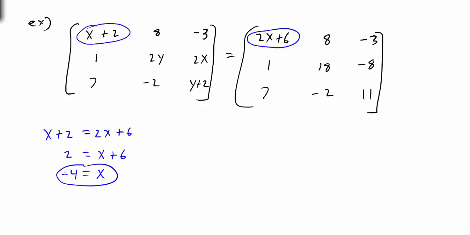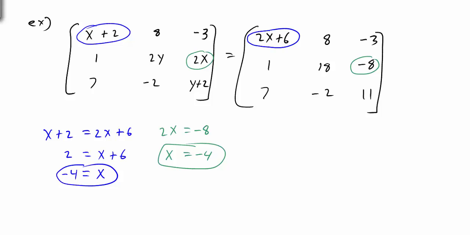Okay, and then we can also look at this as well. Notice here we have a 2x, then that means that has to be equal to a negative 8. Well, of course, 2x equals negative 8. We don't have to do this because we already know the value of x is negative 4, but we can prove this as well. Negative 8 divided by 2 equals negative 4. So either one of those you could solve for x.